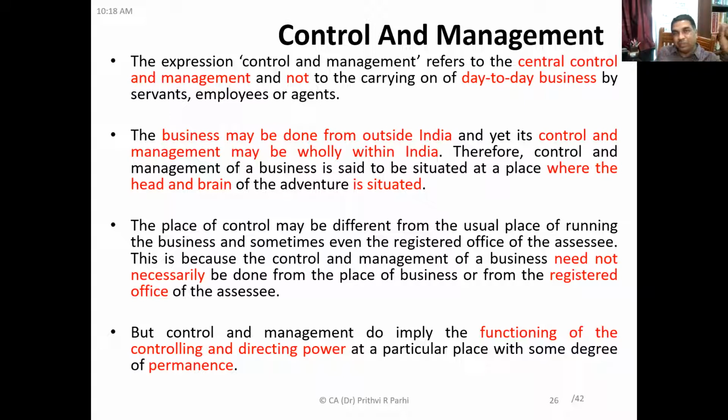That means when you say control and management, we need to find out where the controlling and directing powers are located with some degree of permanence. Let us say the head who is managing that HUF is residing at a particular place, then you can say the controlling and directing powers are located here with some permanence. That means he's staying for some time. On that basis, we can decide where the control and management is.